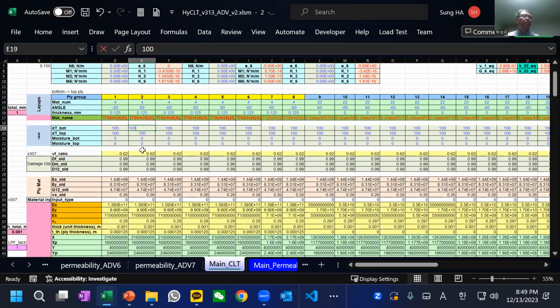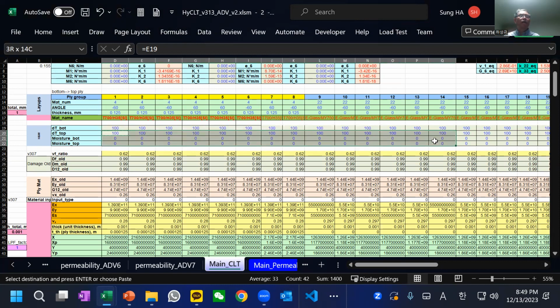Now the bottom will be simply, okay. This one, top, you can say this is the same as that one, because they are in contact.